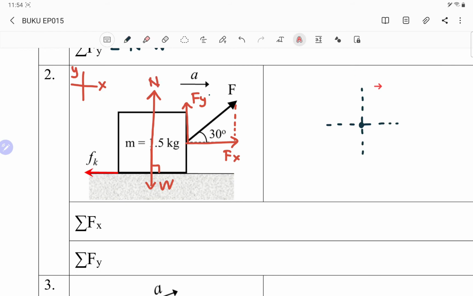Okay, so for your FBD, we have to transfer all the forces that we have labelled. And don't forget the vector that we have resolved.